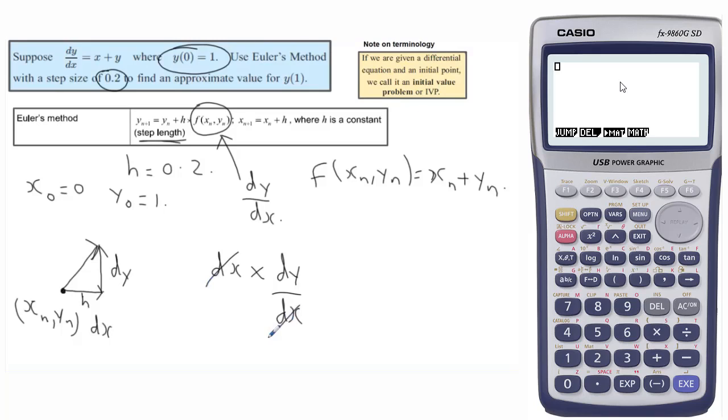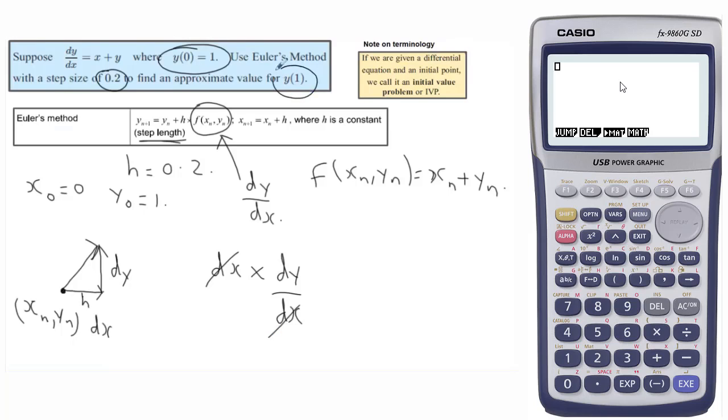So we work out the vertical shift by multiplying the gradient at that point, the gradient of the tangent at that point, by the small step. So dy by dx times dx equals dy. So we just follow the tangent for a small distance, and then we get to a new point, and we calculate the gradient of a new tangent, and then we follow that, and we keep doing that until we get to the target.